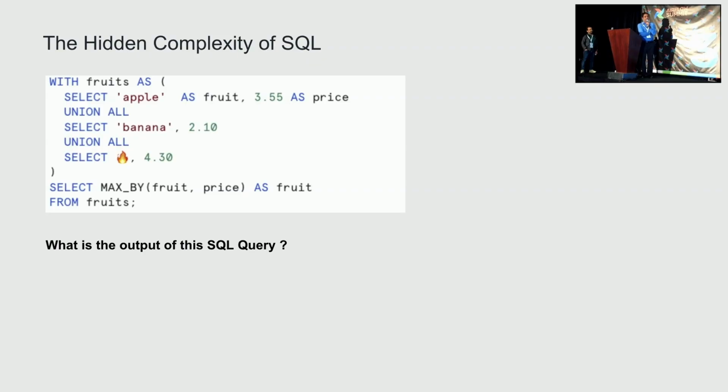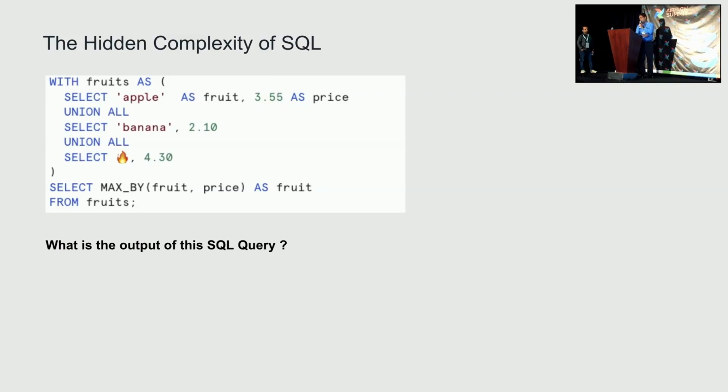Okay, let me explain what this query does. It has a bunch of fruits, apple, with their prices, and I'm applying a max_by function. The max_by function is available in almost every engine. What it does is give you the fruit, in this case, by sorting by price. So max_by, hopefully the fruit which has the maximum price will show up.